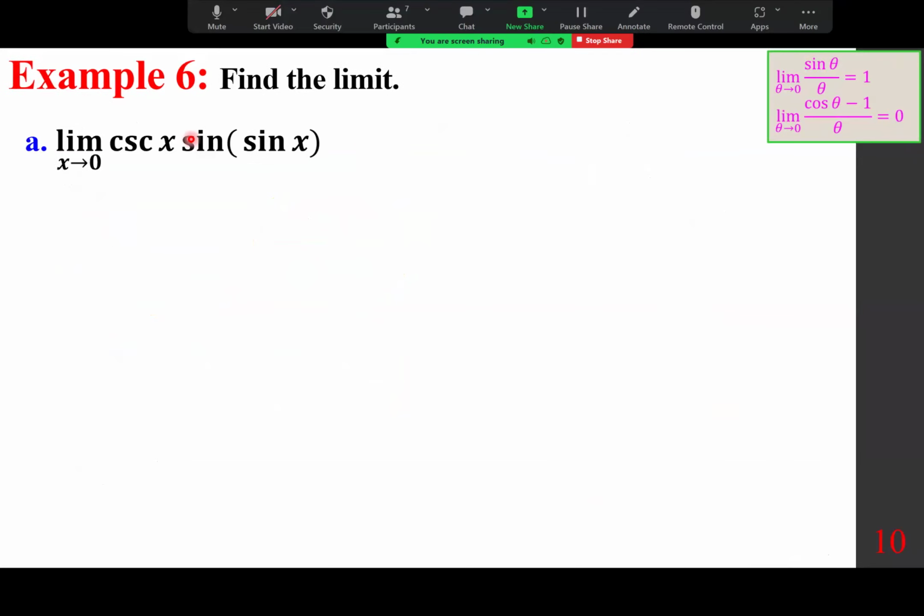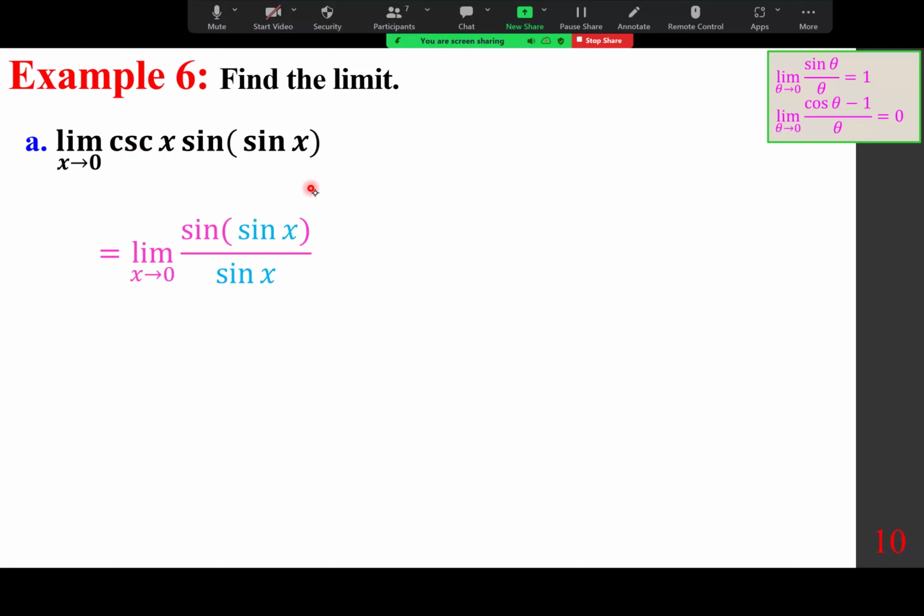Example 6, find the limit of cosecant x times sine of sine x as x approaches 0. And so we know that cosecant x can be replaced with 1 over sine x. So this becomes the denominator of this as sine x.